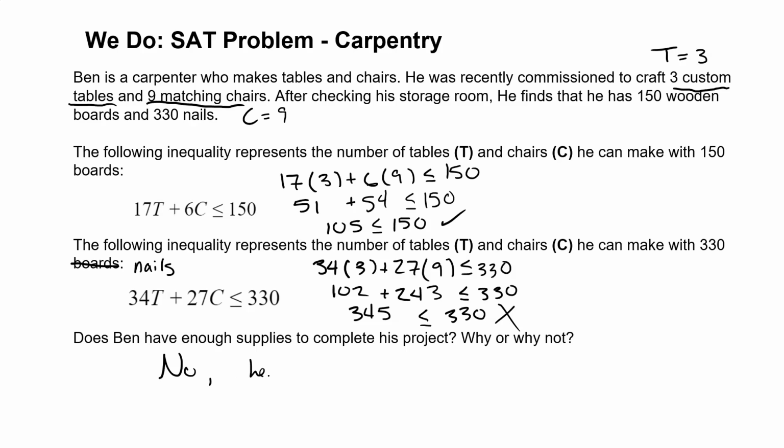No. He needs more nails. Because this is the inequality for nails, right? So he is going to have to increase this number here in order to make this inequality work. So he's going to need some more nails, right?